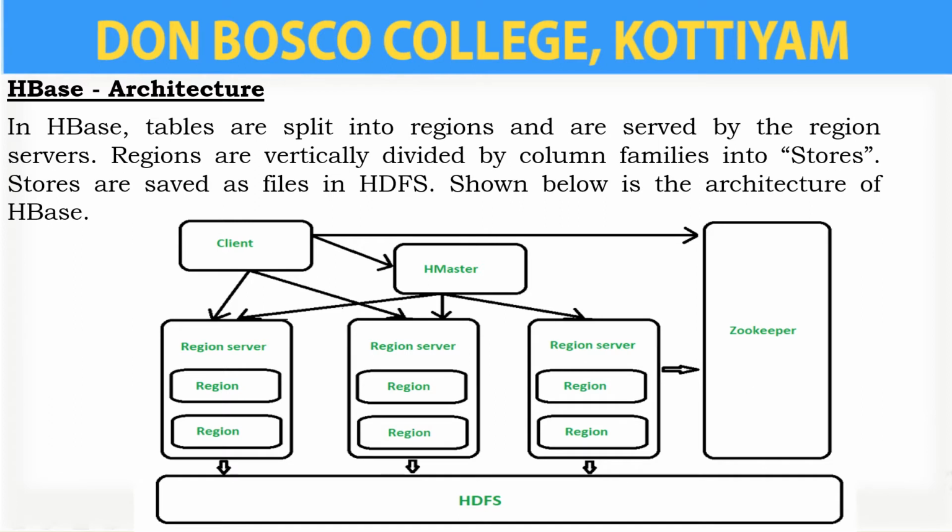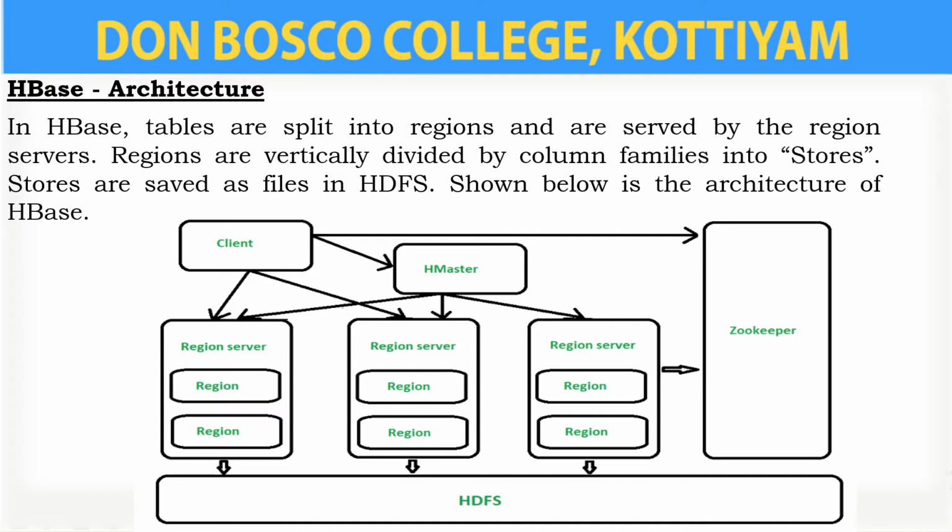The HBase architecture has three main components: the HMaster or the master server, the region server, and the Zookeeper. In HBase, tables are split into regions and are served by the region servers. The regions are vertically divided by column families into stores, and stores are saved as files in HDFS.